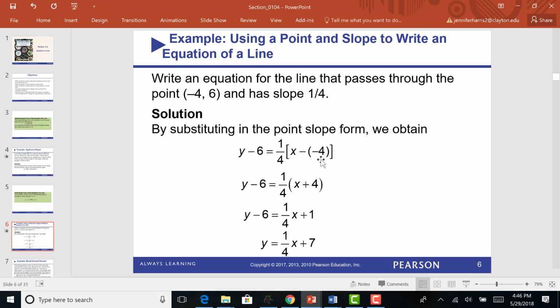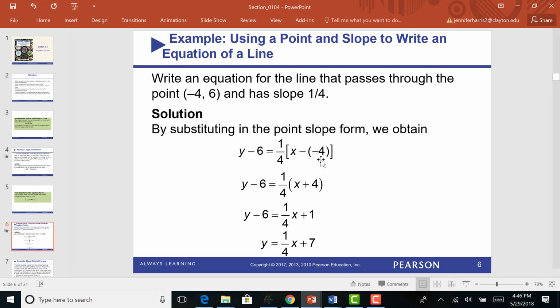Now you have two fractions, and you can multiply across the top and across the bottom. So I end up with 1/4 x plus, 1 times 4 is 4, and 4 times 1 is 4. What's 4 divided by 4? 1. So now I've got 1/4 x plus 1.